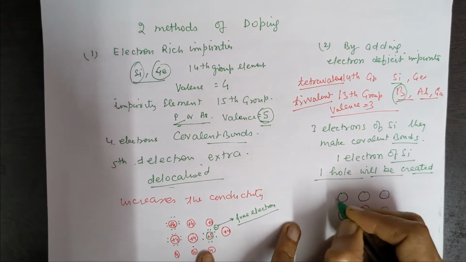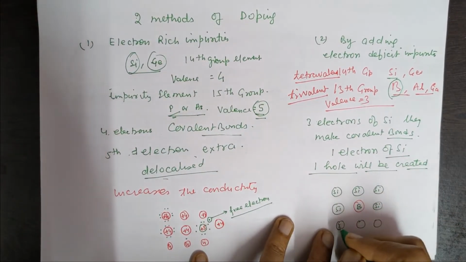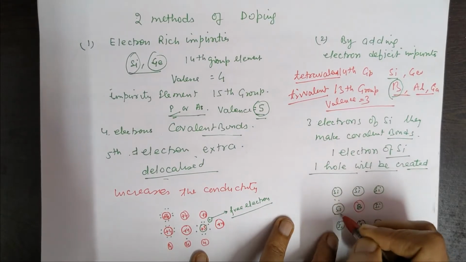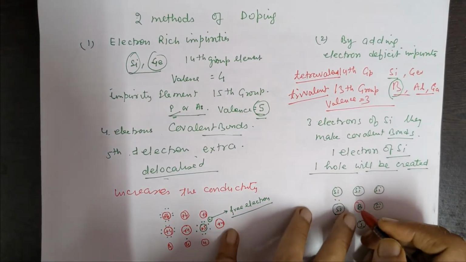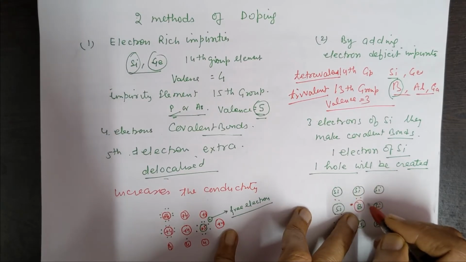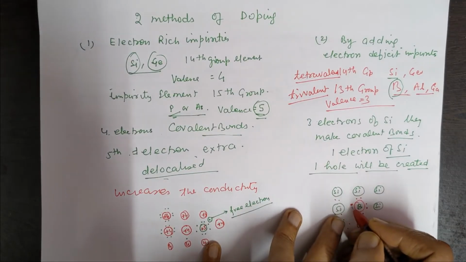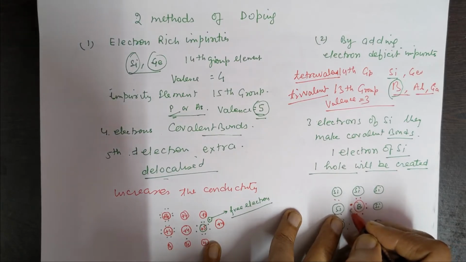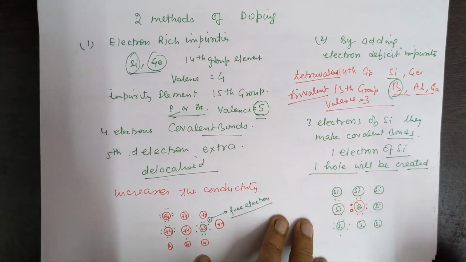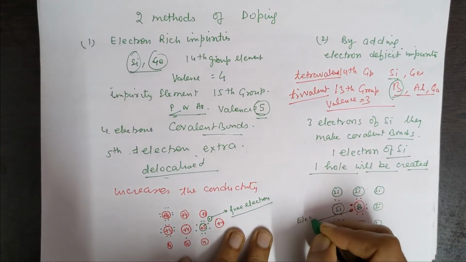This is boron, the rest is silicon. All have 4 covalent bonds because of 4 valency. But in this case, boron has only 3, so 3 covalent bonds are formed. But here silicon has 1 electron and boron does not have any electron, so this will be a hole. This is called an electron hole.